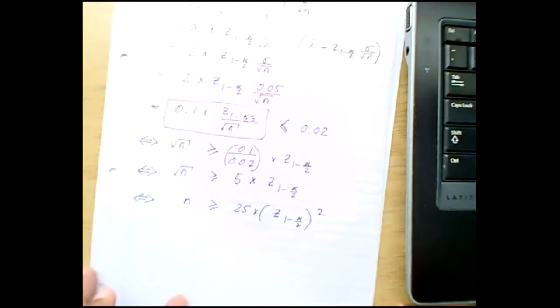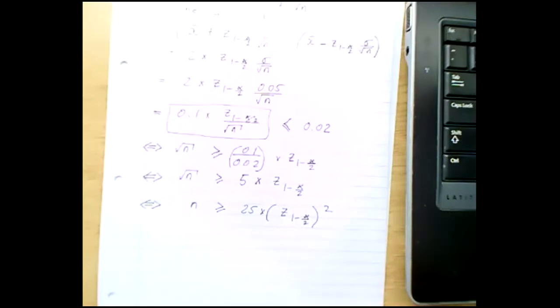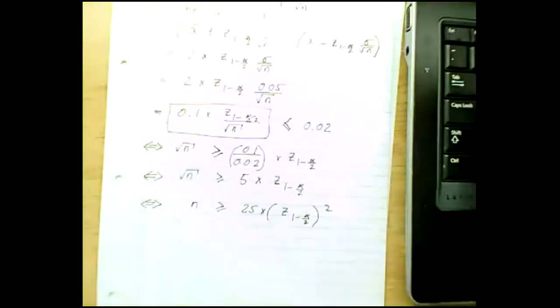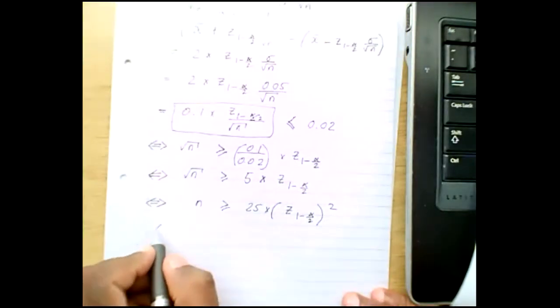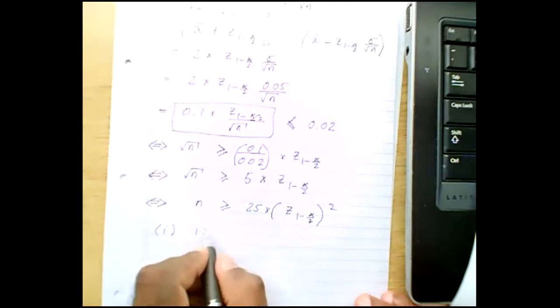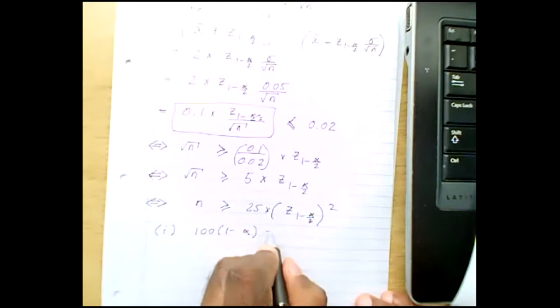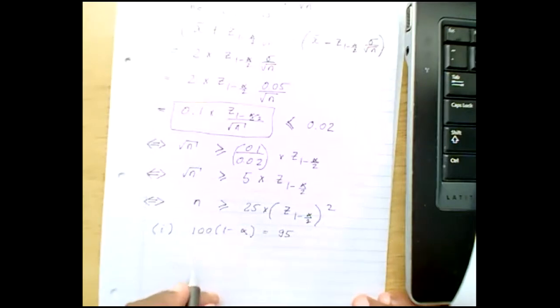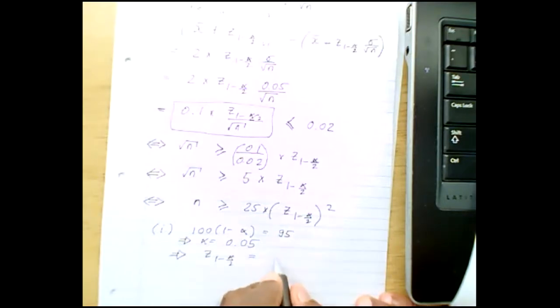Now, in order to answer the question, we are looking for the 95% and 99% confidence intervals, so there are 2 cases we need to consider. The first is where 100 times 1 minus alpha is equal to 95, which implies that alpha is 0.05. Then z of 1 minus alpha by 2, if you read this off the table for the normal distribution, is equal to 1.96.